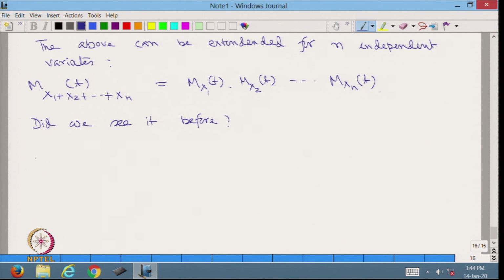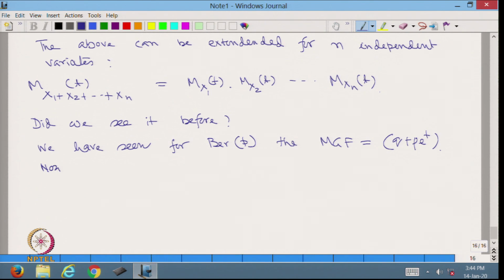If you remember, we have seen for Bernoulli(p), the MGF is equal to q plus p e to the power t.